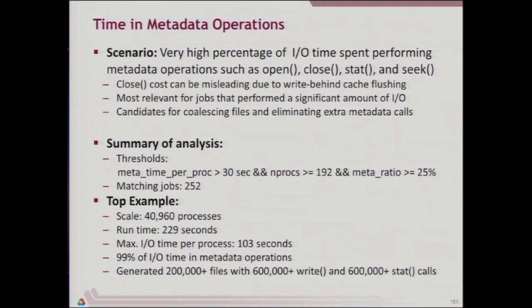As Quincy says, there's only one end of file, so yeah, you stat to see where you need to go. But all their I/O time, they're running for 200 some seconds. Half that time is I/O, and almost all that I/O time is metadata. So again, do little modifications here, and they could probably be running 50% faster.